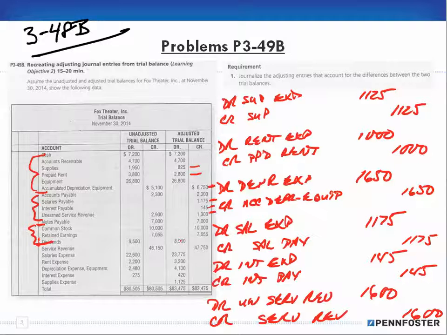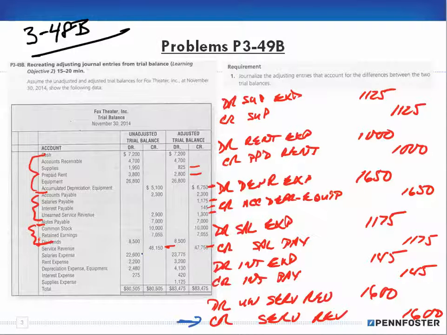If I keep on going down here, notice that when I come to equity, common stock stays the same, retained earnings stays the same, dividends stay the same, because we're not making closing entries, we're making adjusting entries. Your double check here is, if I look at my service revenue, it changed by 1,600, which is that adjusting entry there.